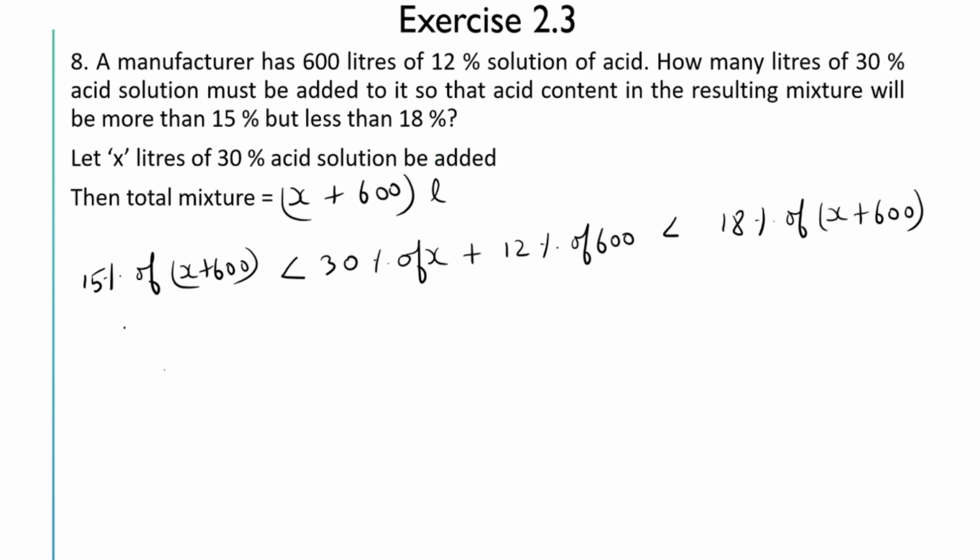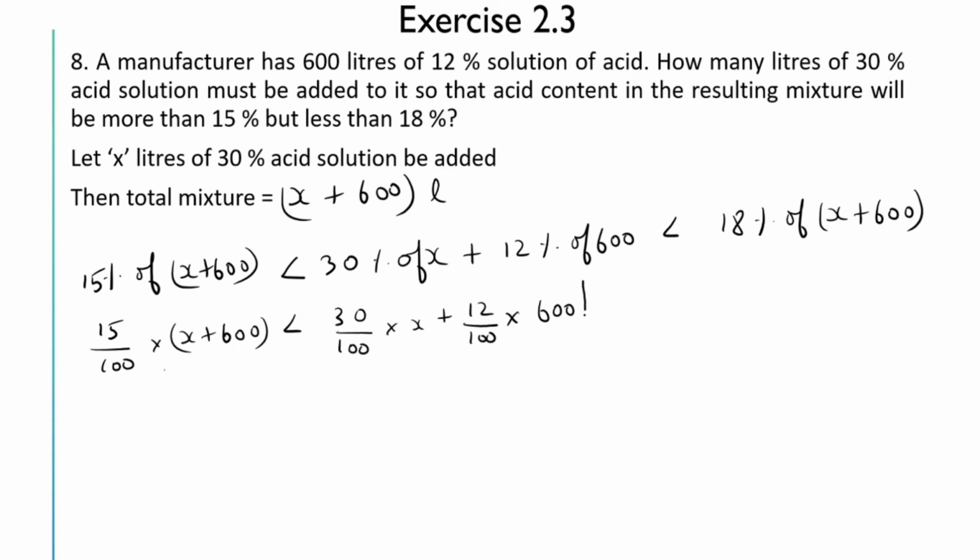Now let us solve these two separately. So we have 15 by 100 into x plus 600 less than 30 by 100 into x plus 12 by 100 into 600.